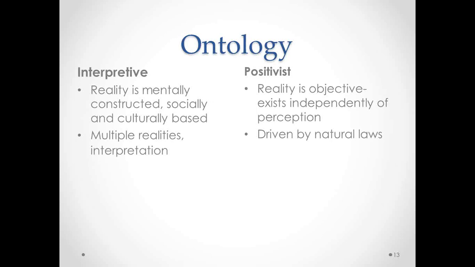So if I'm looking at a particular problem or scenario, I might be perfectly accepting in my ontology that there is no right or wrong answer, that there are lots of different versions of the issue.